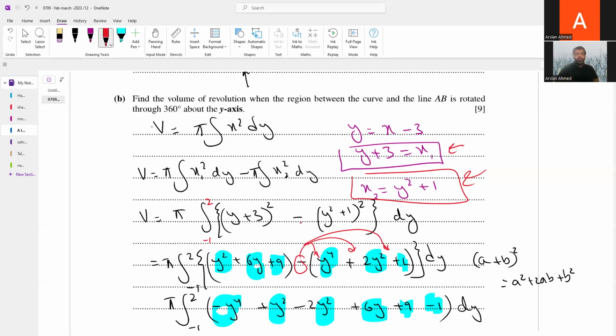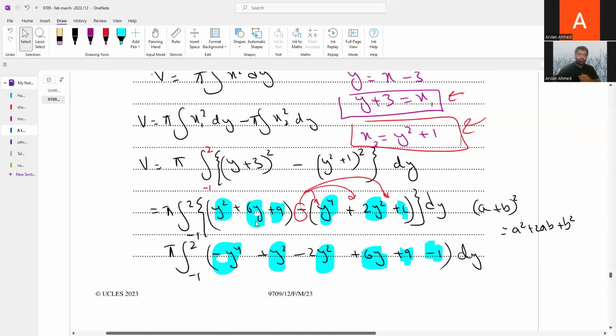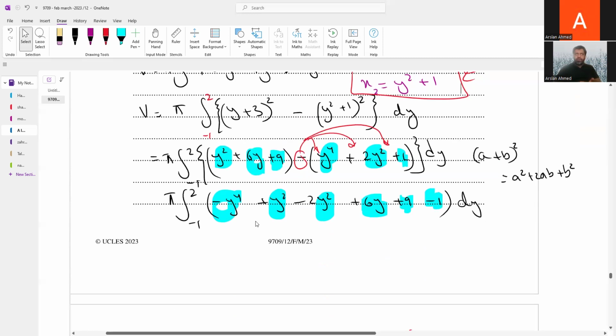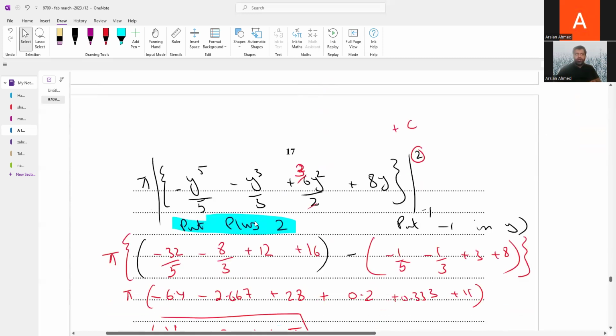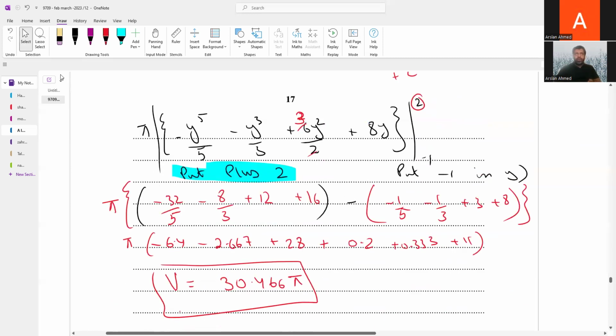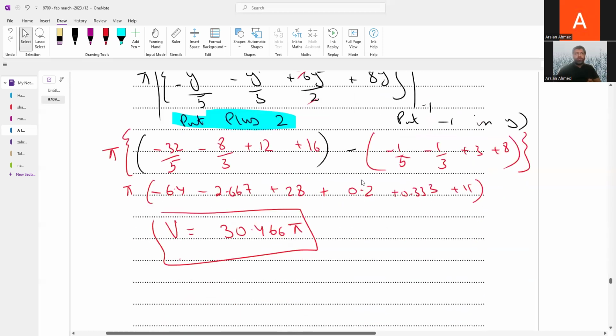Upon putting these values, x1 was (y plus 3) whole squared, and x2 was (y squared plus 1) whole squared. I expanded the squares and integrated, and it would become this thing. Later, I plugged in the limits of integration, and after that I got 30.466. I hope this concept is clear.